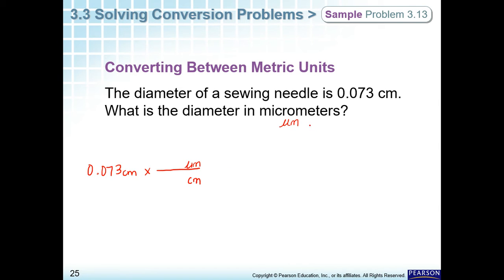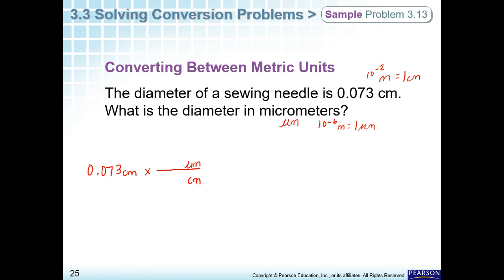Now, if you look on the charts that are ever given to you, micrometers are 10 to the negative sixth. But note, that's 10 to the negative sixth meters equals 1 micrometer. Centimeters up here are 10 to the negative second. So that's 10 to the negative second meters equals 1 centimeter.